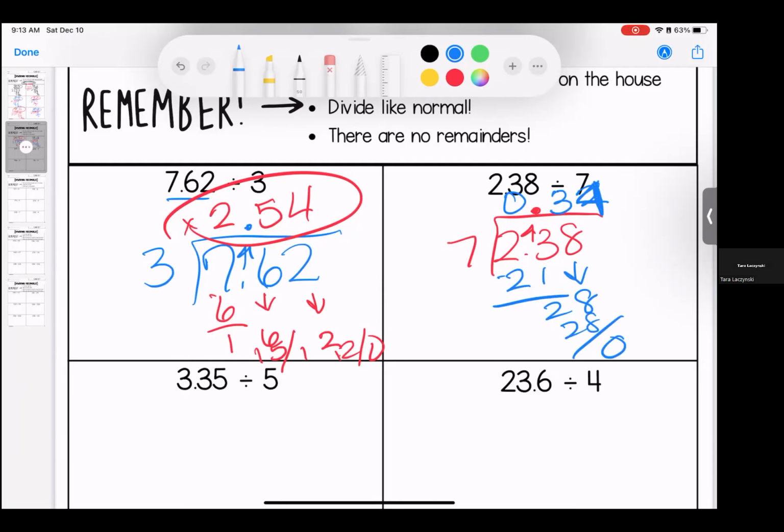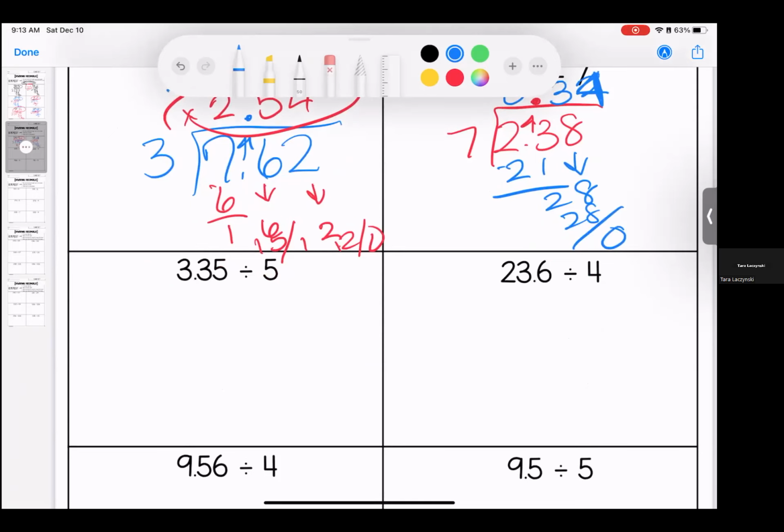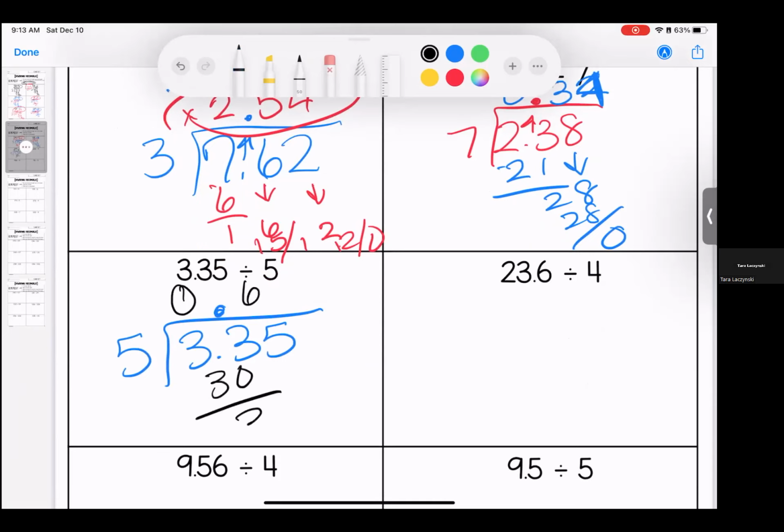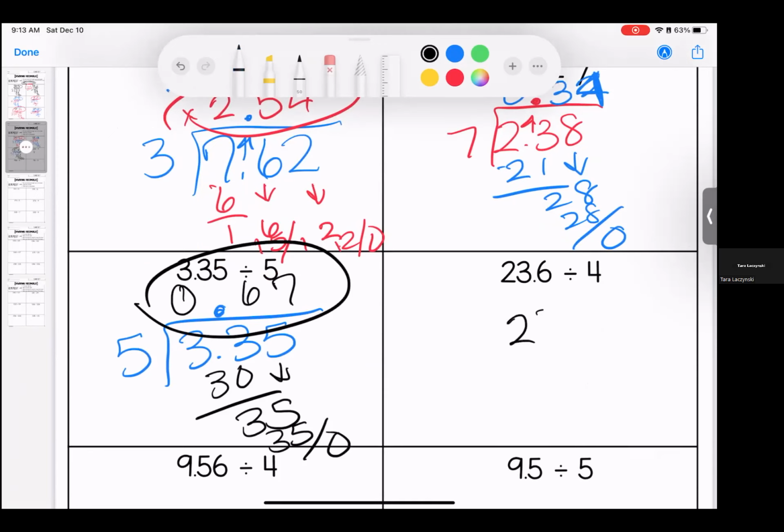Nothing left, 34 hundredths. 3 and 35 hundredths divided by 5, decimal on the roof, and divide. 5 does not go into 3, but it does go into 33 6 times, because 6 times 5 is 30. Bring down my 5. 7 times 5 is 35 on the nose, 67 hundredths.